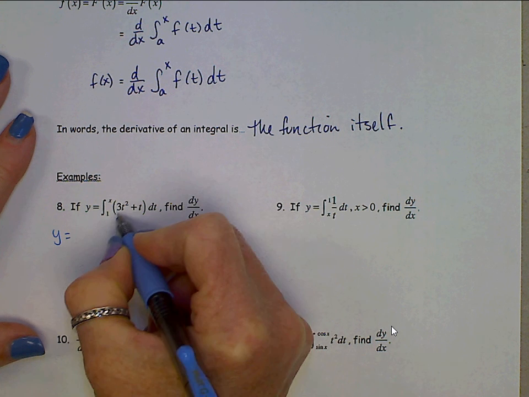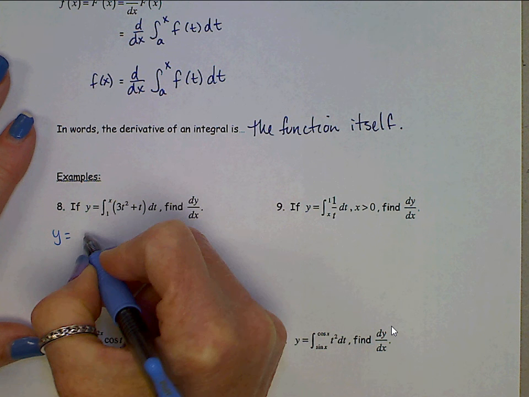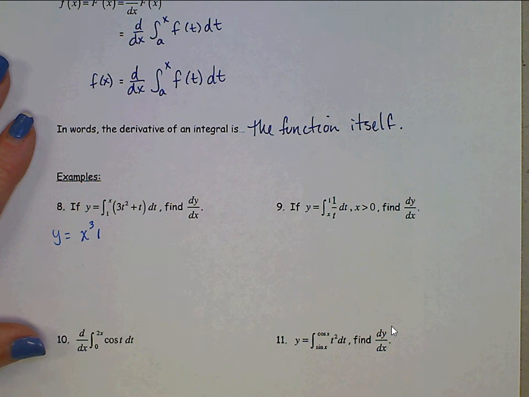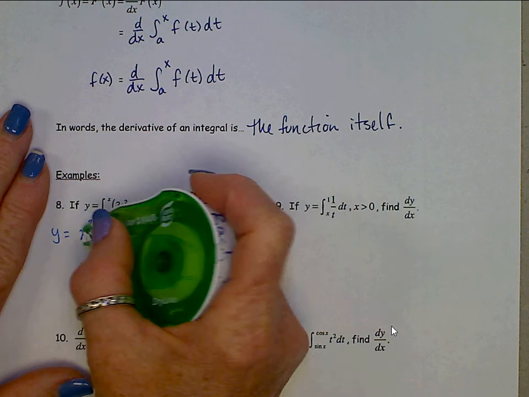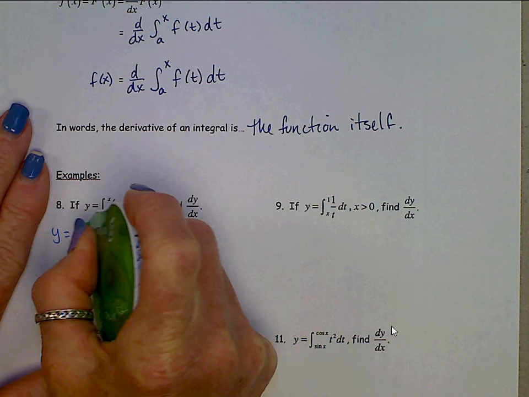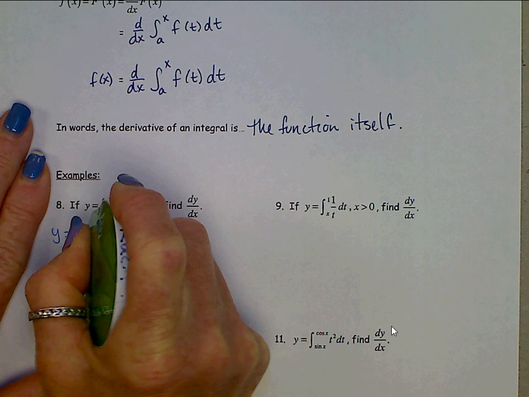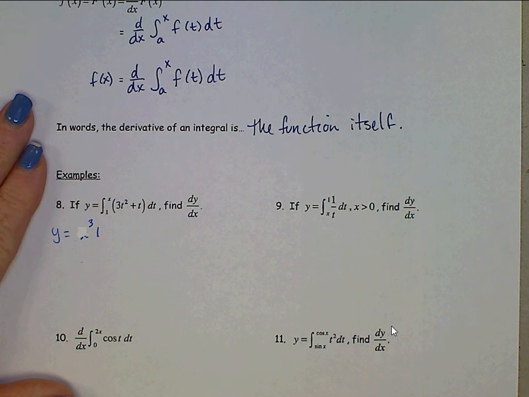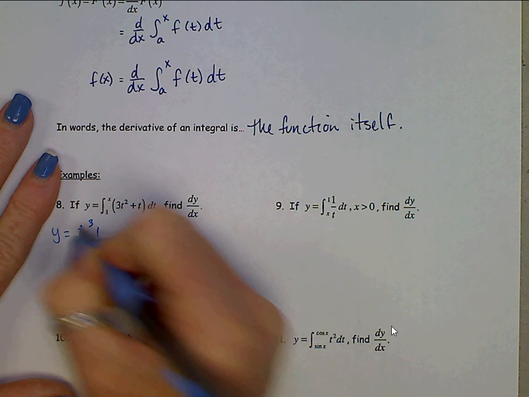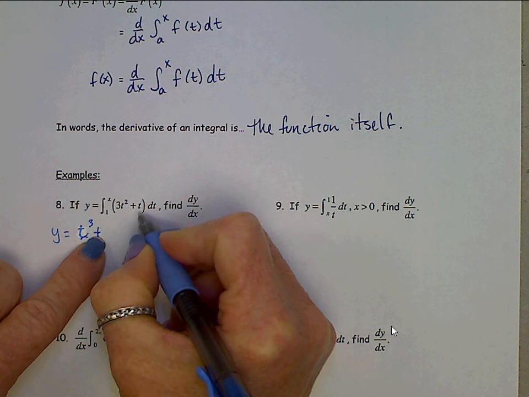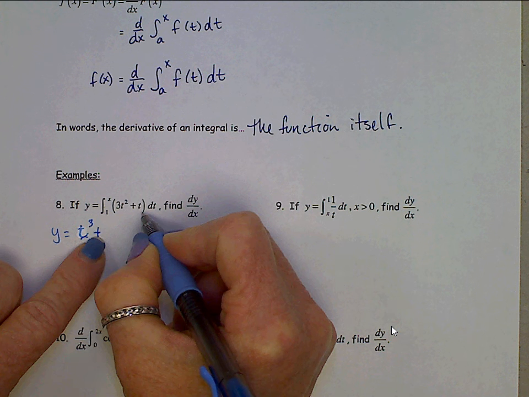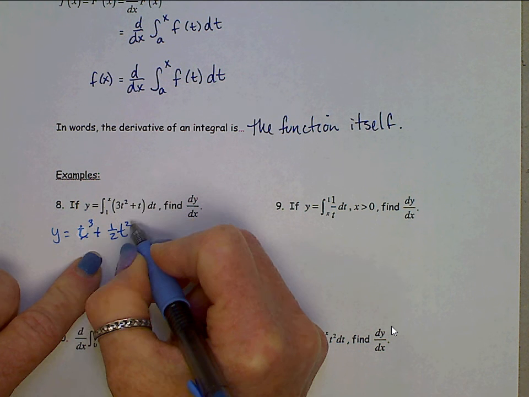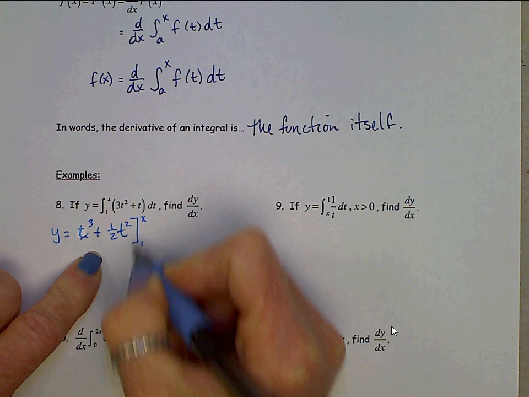The antiderivative of this 3t squared is t cubed, not x, because we're in t's, plus the antiderivative of t, which is 1/2 t squared, evaluated from 1 to x.